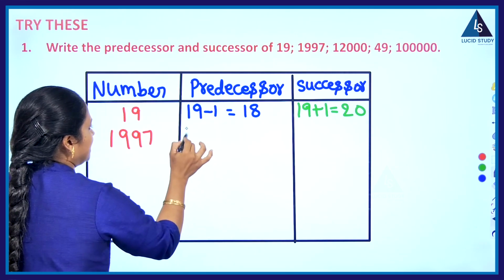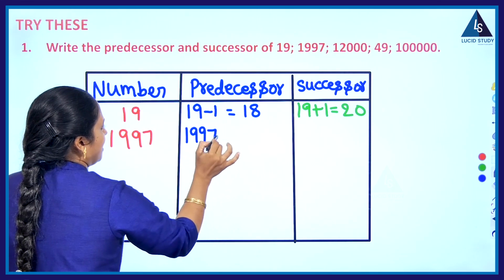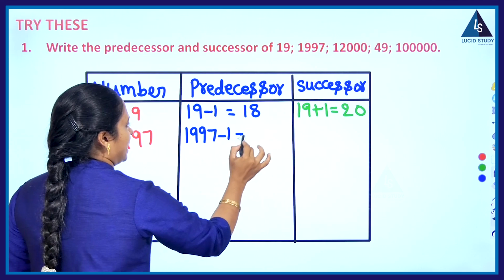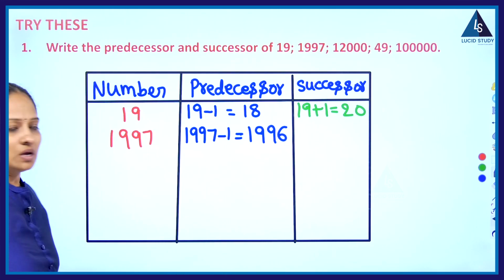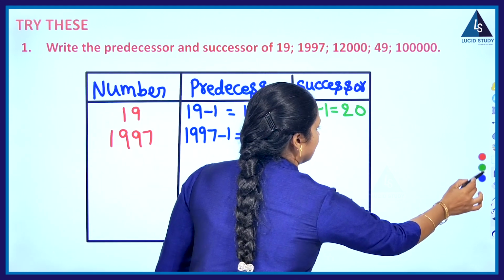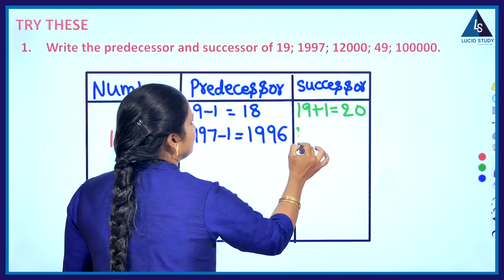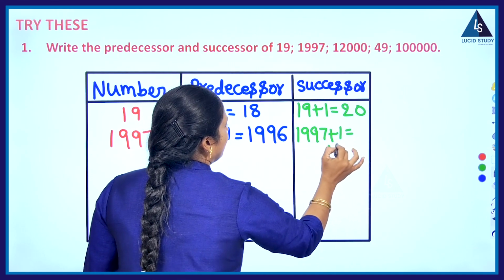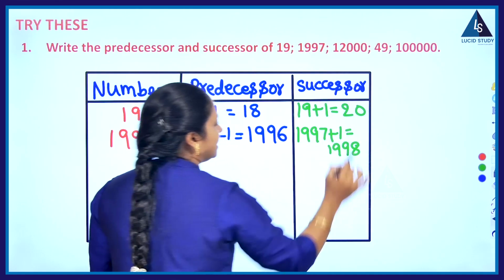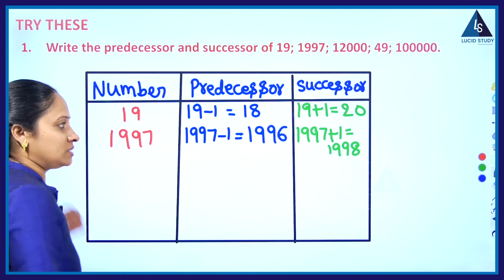What is the second number given? 1997. Let us write its predecessor. How will I get it? By subtracting 1. So, the number is 1996. Next, successor. How will we get the successor? Yes, by adding 1 to that number, we will get its successor as 1998. Third number.